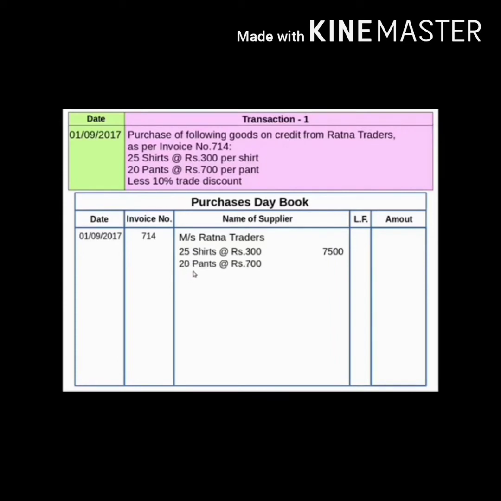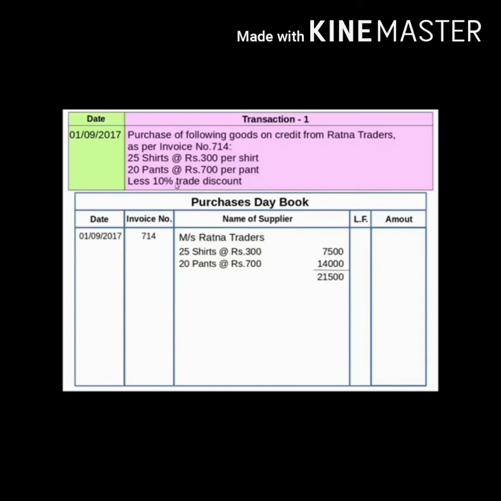And what is the next purchase? 20 pants of 700, so this amount becomes 14,000. So what is the total amount of goods you have purchased? 7,500 plus 14,000, 21,500.